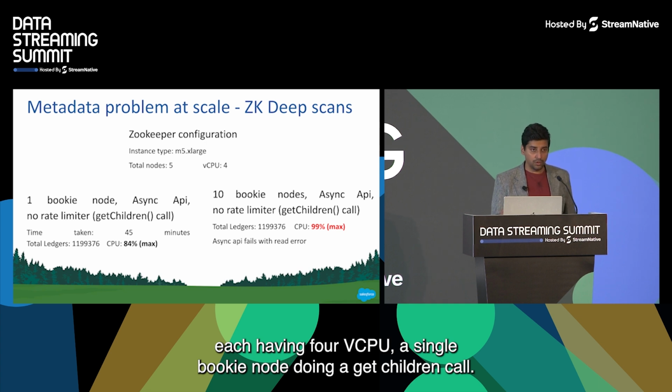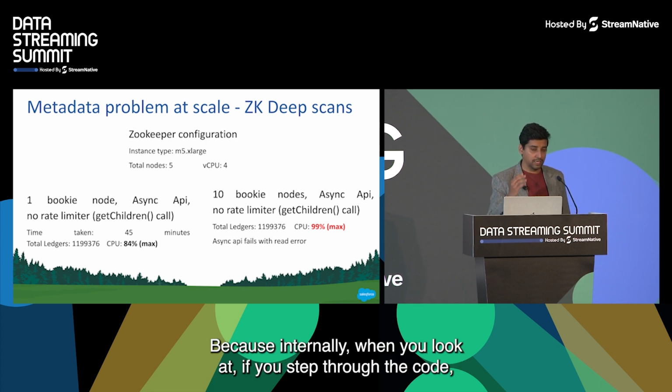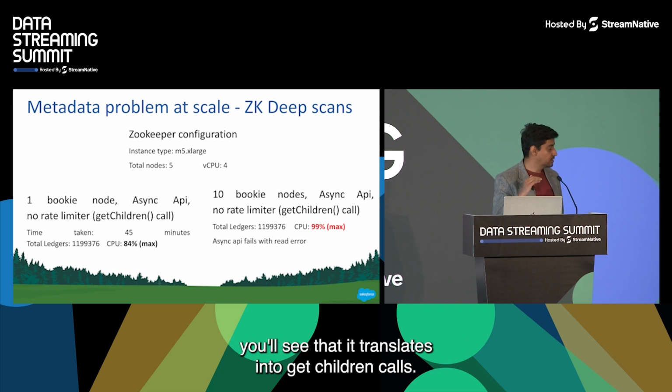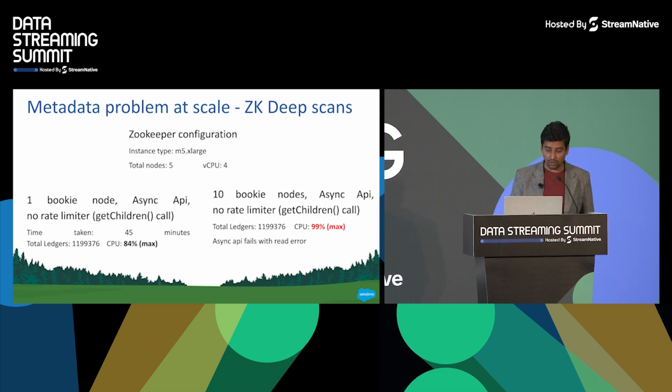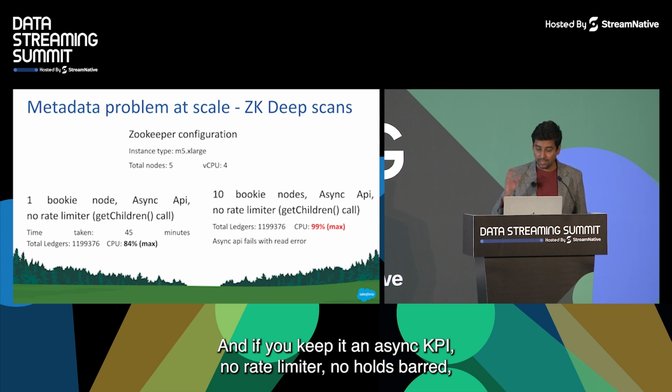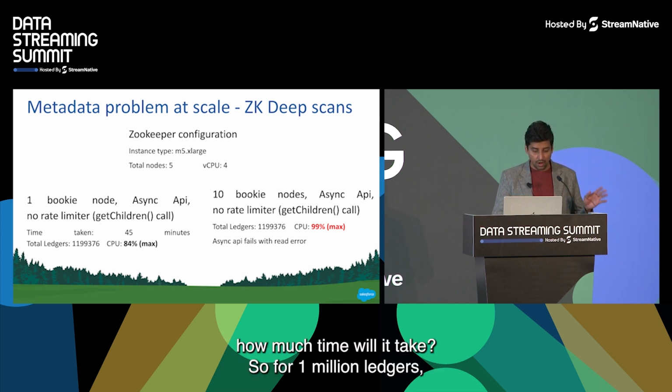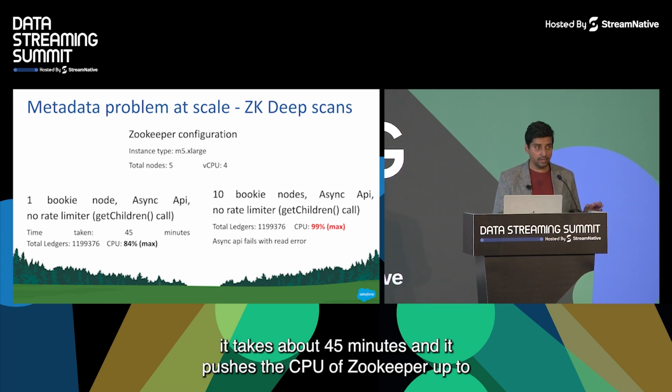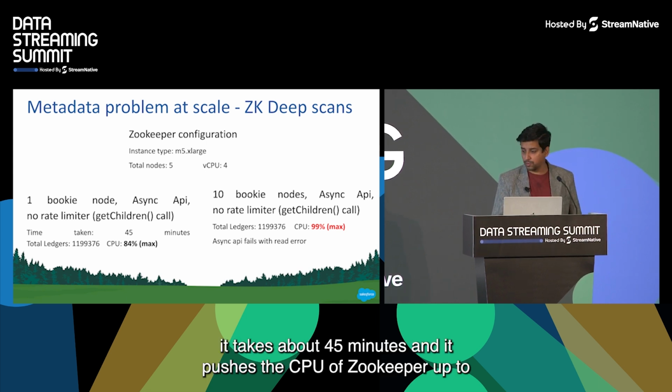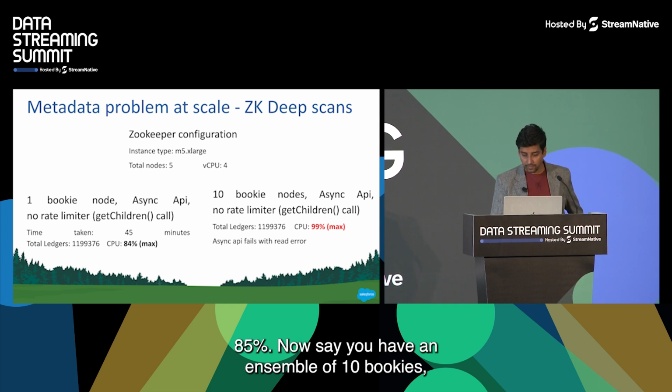Consider a single bookie node doing a getChildren call, because if you step through the code, you'll see it translates into getChildren calls, right? And if you keep it an async API, no rate limiter, no holds barred, how much time will it take? For 1 million ledgers, it takes about 45 minutes, and it pushes the CPU of ZooKeeper up to 85%.